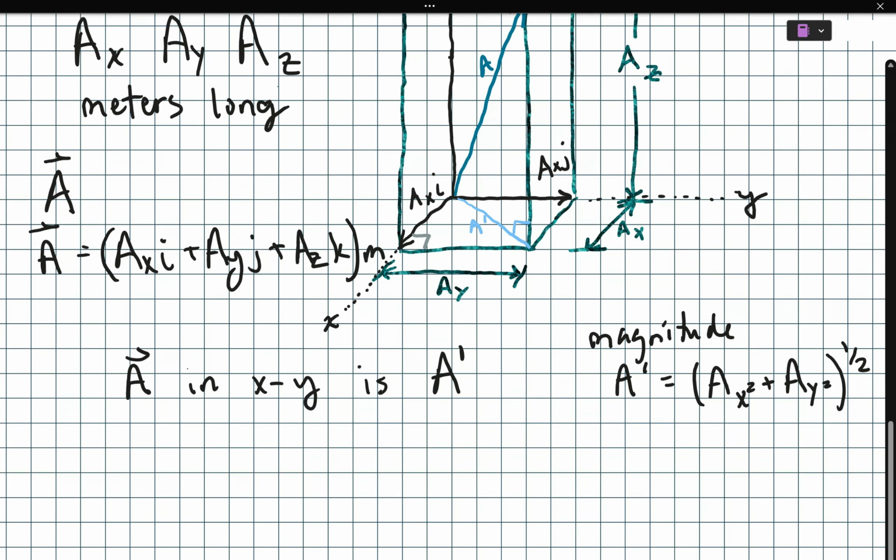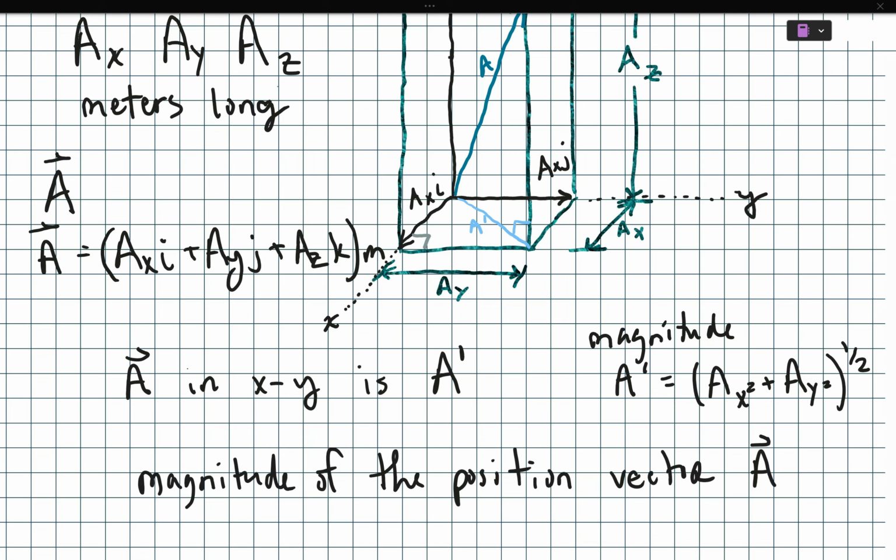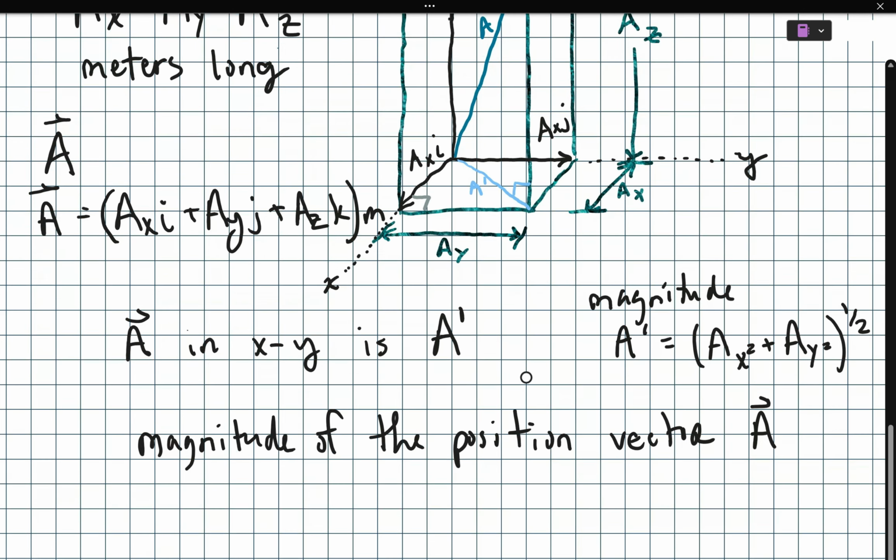Then the magnitude of the position vector A can now be obtained as A prime squared plus A sub z squared, raised to the 1/2 power.